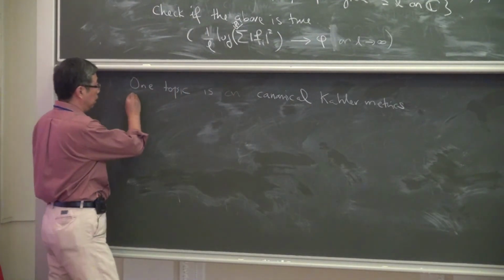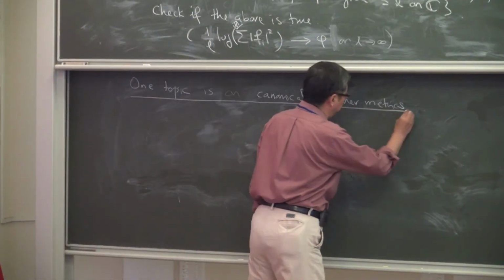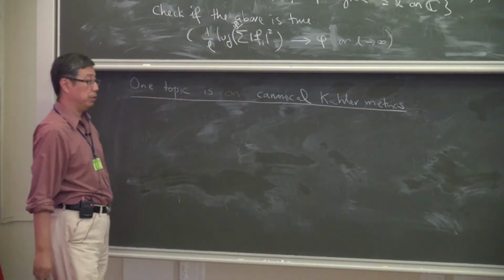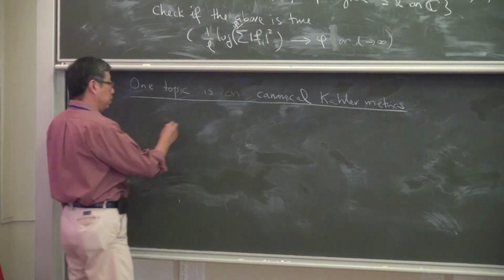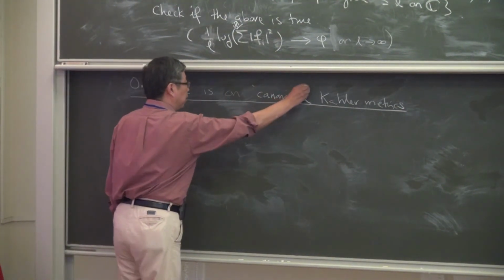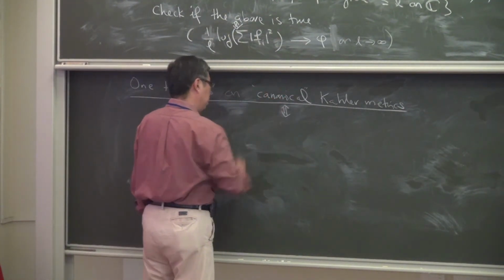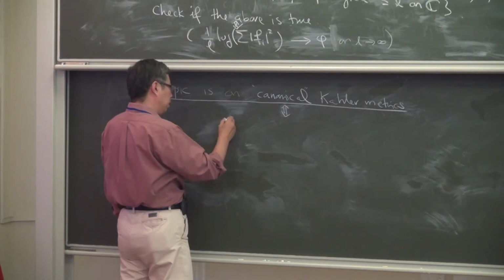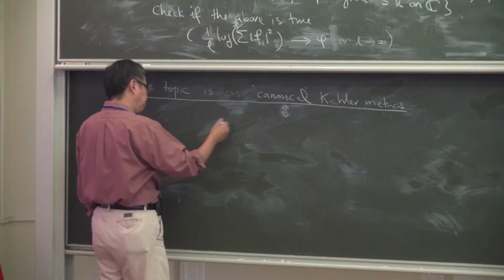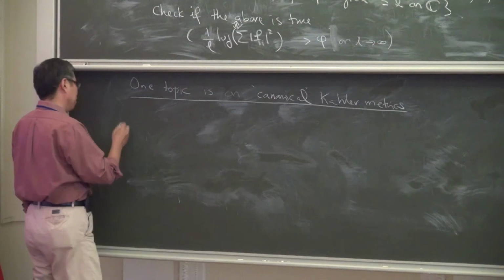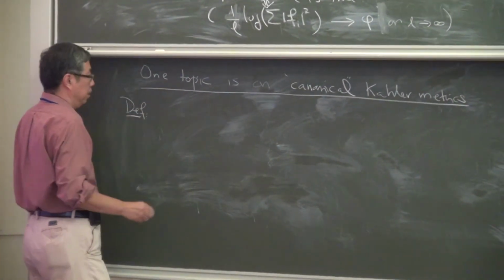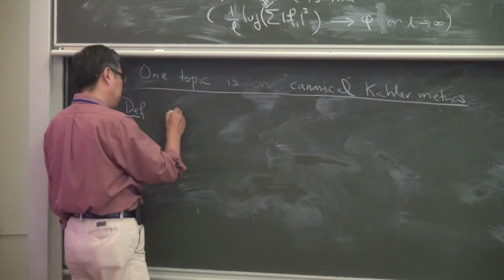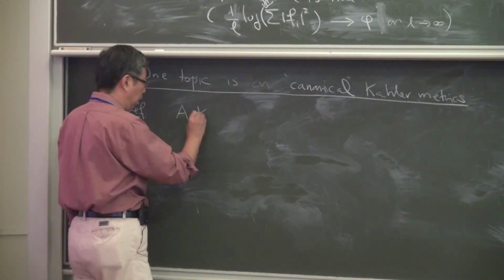So actually, this is probably the most active research in current Kahler geometry. So what canonical here means is the following. So given a Kahler, so you ask, and maybe I forget the general case. So one is a definition. So it's a Kahler-Einstein metric, a Kahler metric.